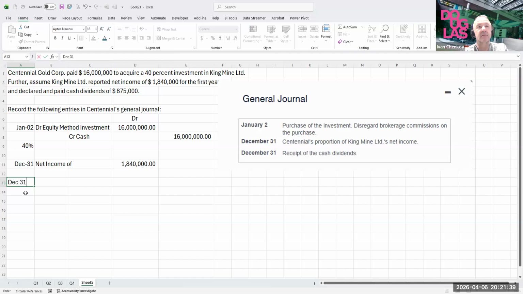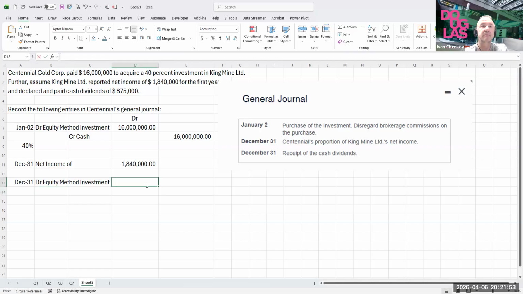So on December 31st, what's going to happen now? December 31st, debit. Which account am I going to debit? I'm going to get lazy now. This account, this one times 40%. Now tell me, they're making income.